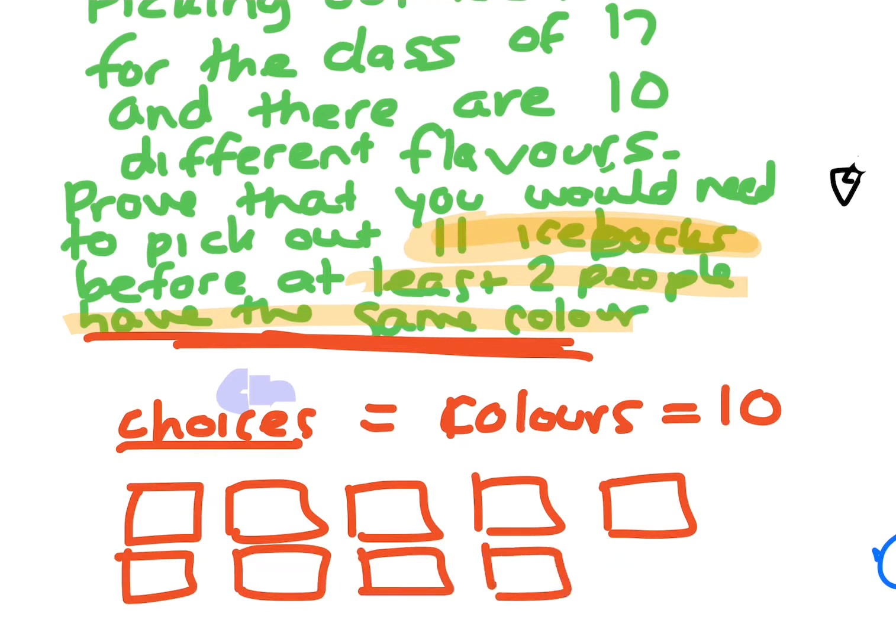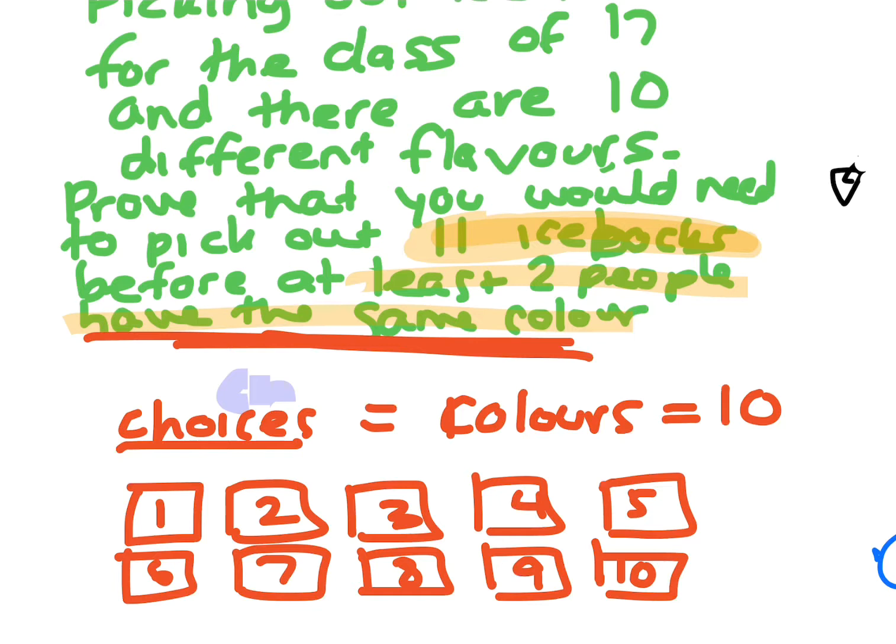So there's my 10 ice block colours, 1, 2, 3, 4, 5. And if I'm going to choose a different colour for each one, then that would be 1, 2, 3, 4, 5, 6, 7, 8, 9, 10. So then my 10 colours.